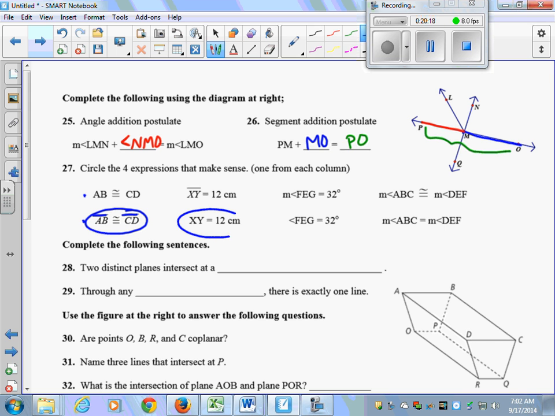Since it's an equal sign, there should be no symbol over the XY. Here we have a degree measure, so it's the measure of the angle, so we need the little m for measure. And here we have a congruent sign with little m's, and that's not okay. If there was a congruent sign, we would take away those m's, and then it would be okay. So since we have the little m's, we need the equal sign.